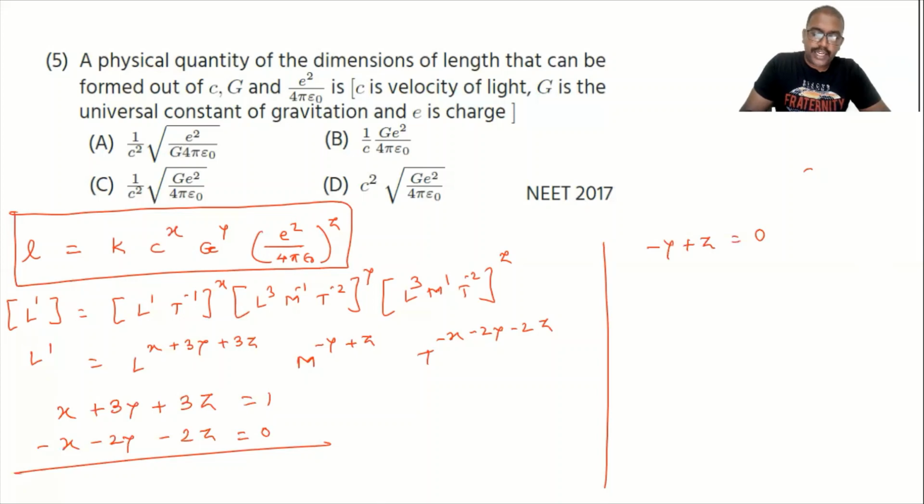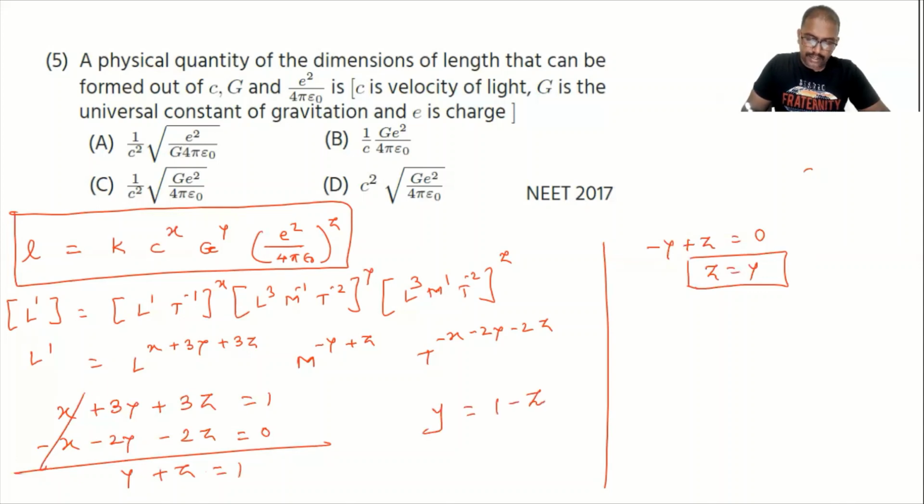So you can write z is equal to y. So z and y are the same. Now here I can add them. So minus x and plus x get cancelled. So y plus z is equal to 1. So you can write y is equal to 1 minus z.